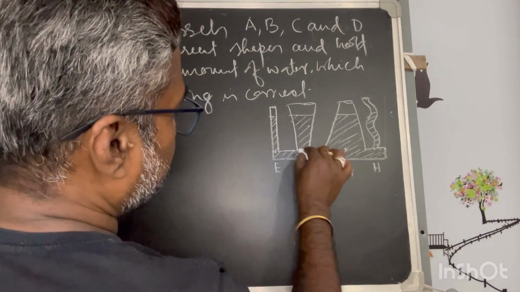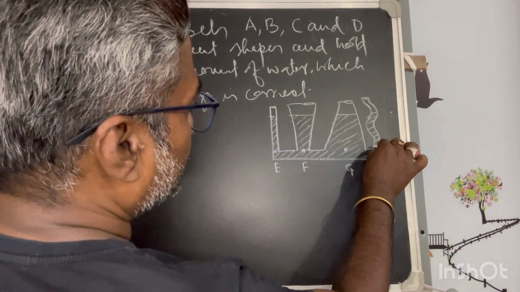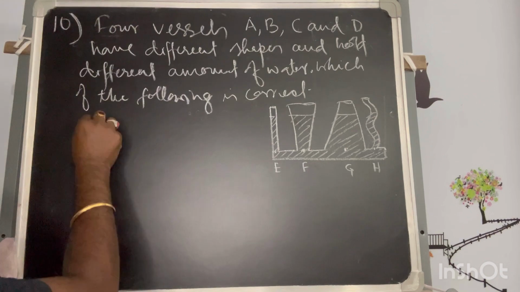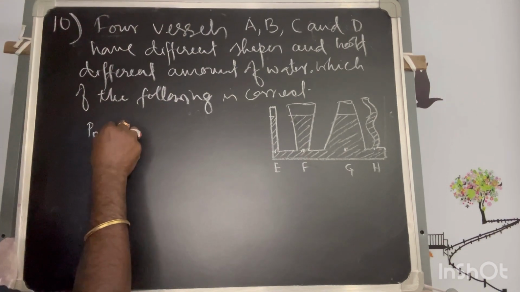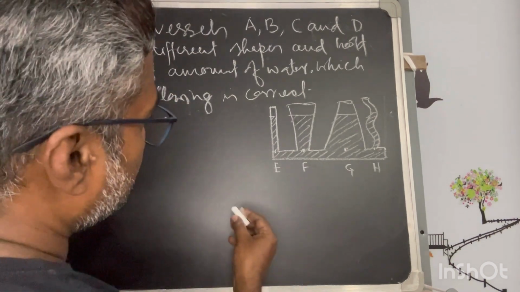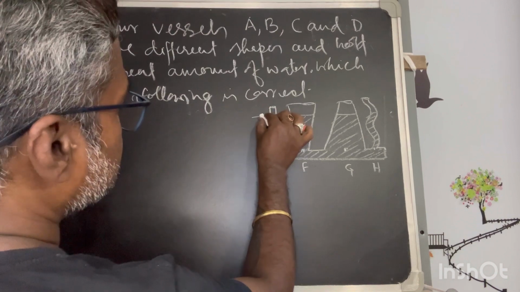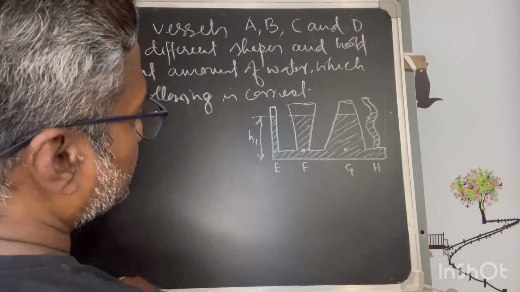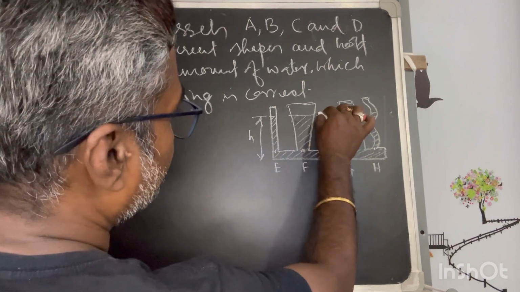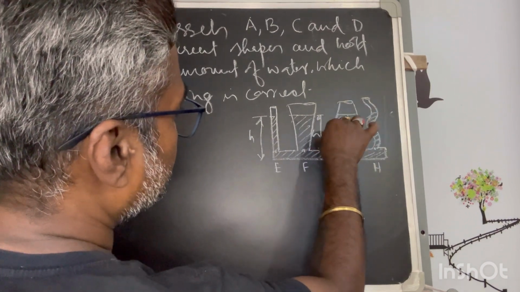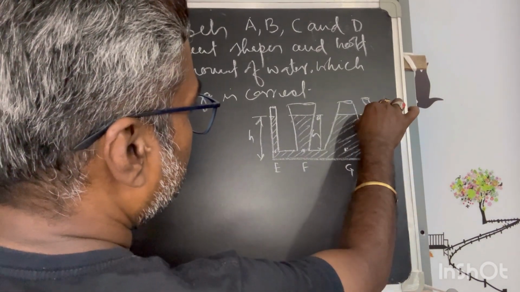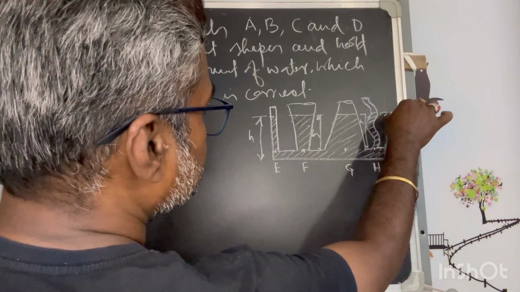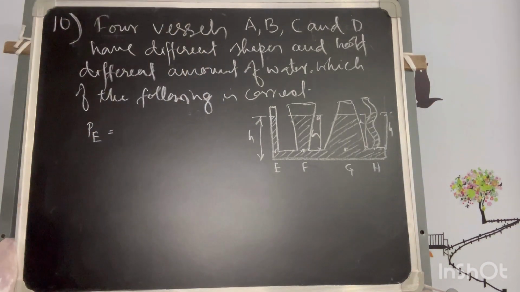That if I consider the pressure at E, this is just a logical question, these are occupying same height everywhere. This also H, up to this also H, this also will be H. Okay.